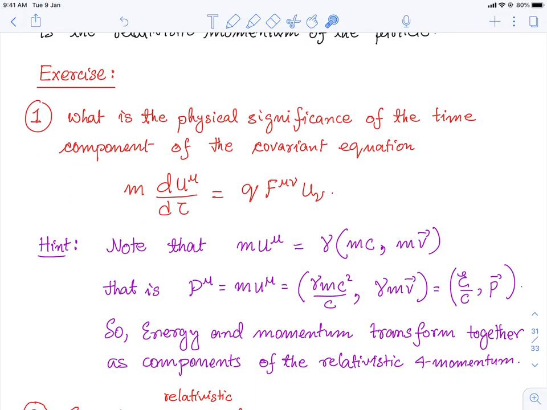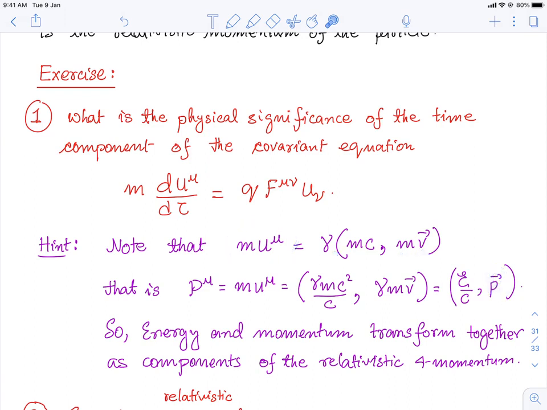I don't know if you would like it, but we have seen that if we take m times u mu, then the spatial part of it, that is gamma times m times v, is basically the momentum of a relativistic particle.